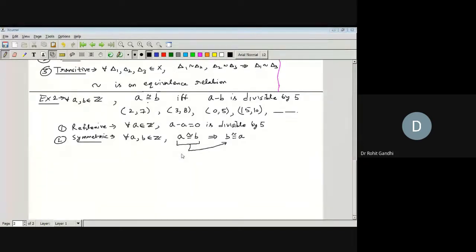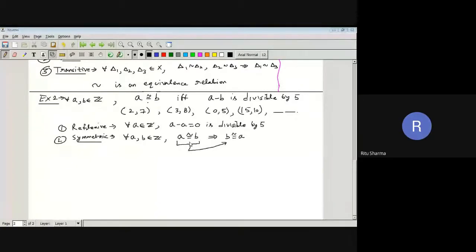Yes, Ritu. यस रितु बेटा, बताओ उसको कैसे प्रूव करोगे. Sir, what is given to us? What is given to us, Ritu?